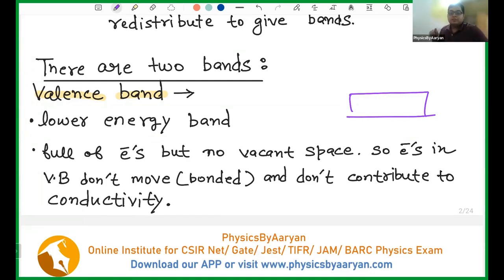It is like the electron is bonded with an atom. As long as the electron is bonded, it is in the valence band, and once it is free, then it is not in valence. So electron bonded means it is in valence band, and it cannot give you conductivity.